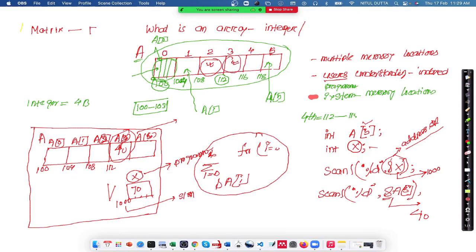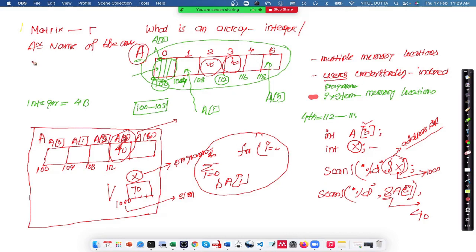However, our objective is not to access the individual elements. That's why we have given a name to this array. So if I say A, that means A is actually the name of the array.